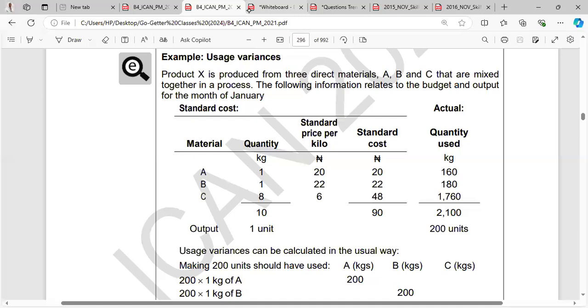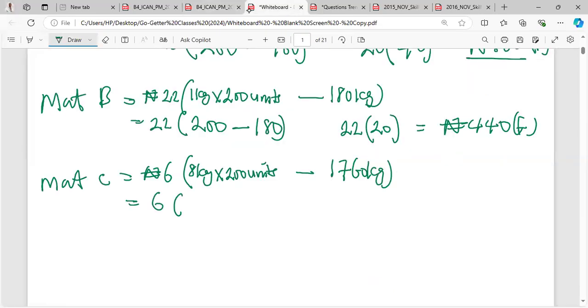So this is the same thing as saying 6 times 1,600, 8 times 2 is 16, 1,600 minus 1,760. So this is going to give us 6 multiplied by minus 160.